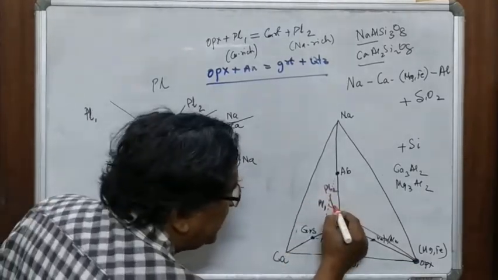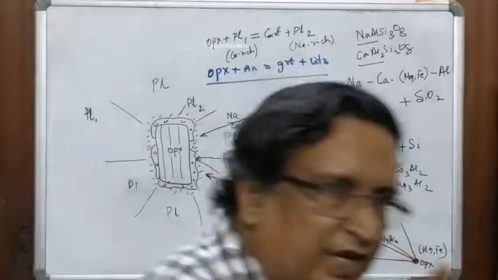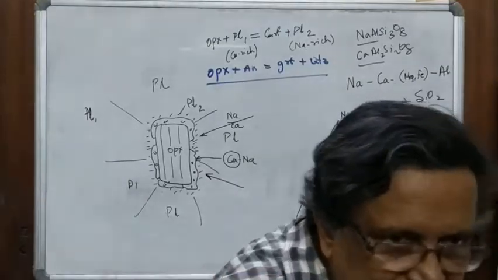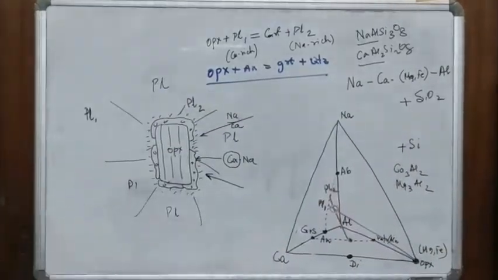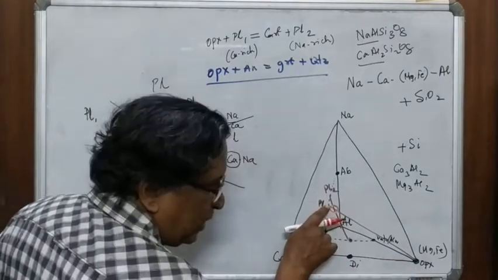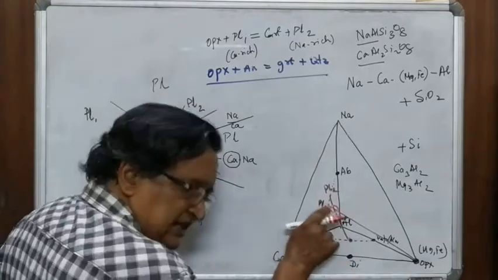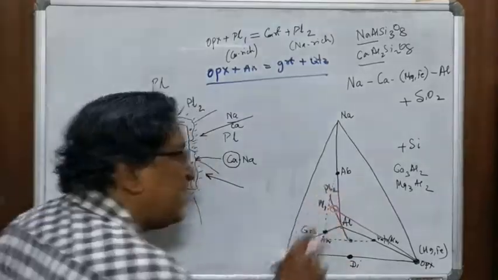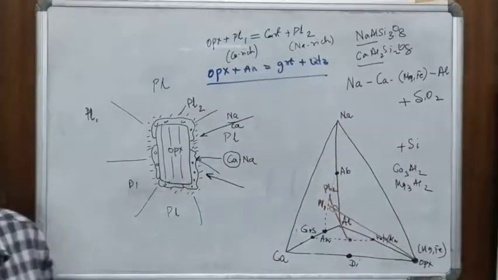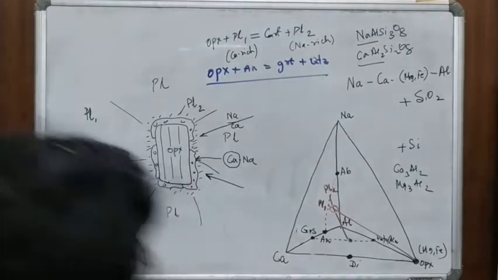I'm hoping that these two tie lines intersect at a point, in which case the compositions can be balanced. So once again from the tetrahedron you see that if I take an orthopyroxene and plagioclase 1, if you produce a garnet, then if it has to cross cut this tie line, then your plagioclase 2 must necessarily be more sodic. Same thing will happen, say for example, if I take diopside.